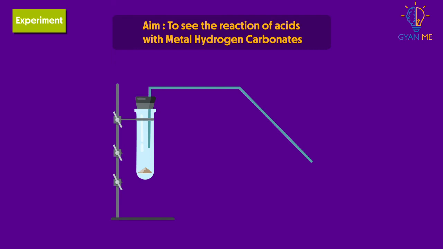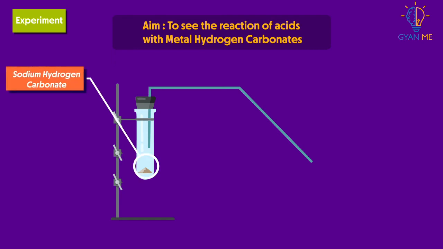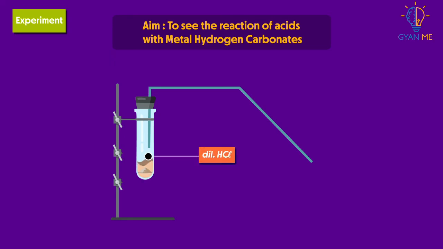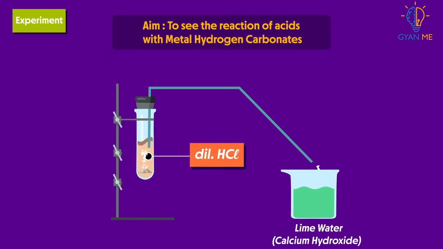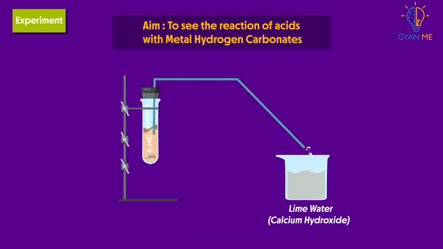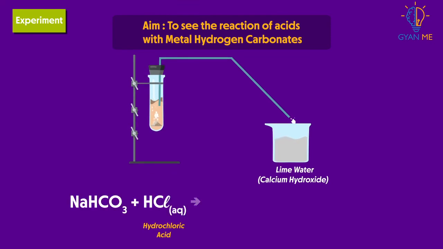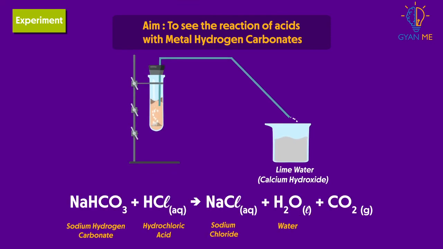We take about 0.5 gram of sodium hydrogen carbonate. Add about 2 ml of dilute hydrochloric acid to the test tube. After the experiment, we observe that here also the products formed are similar to the products formed when acid reacts with metal carbonates.